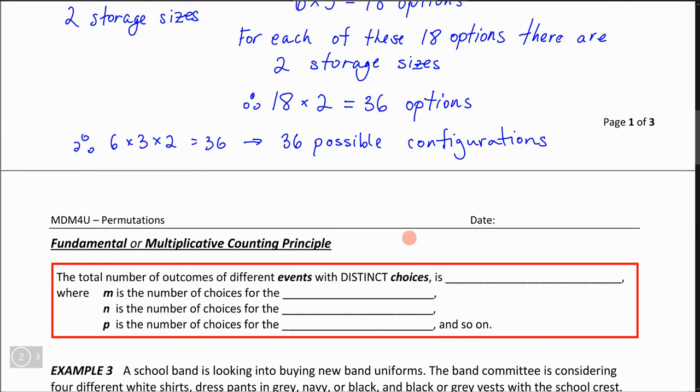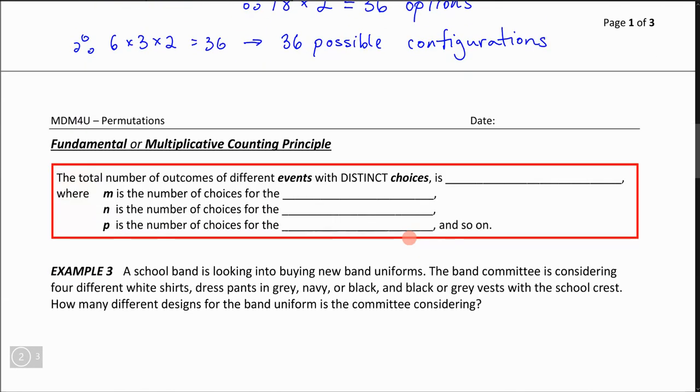Okay, so this leads us to what we call the fundamental or multiplicative counting principle, the multiplication counting principle. And this says that the total number of outcomes of different events with distinct choices is going to be equal to m times n times p times dot dot dot. You're multiplying all the number of outcomes of each of the different events to get the total number.